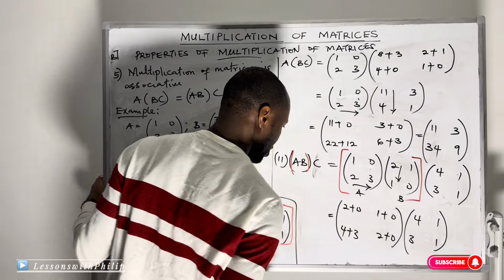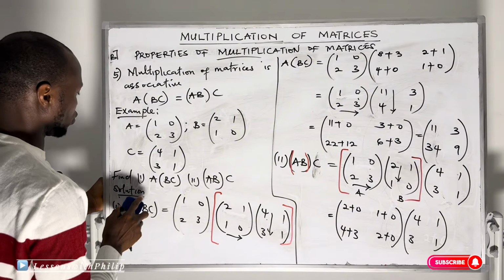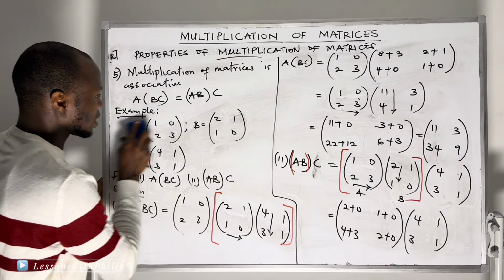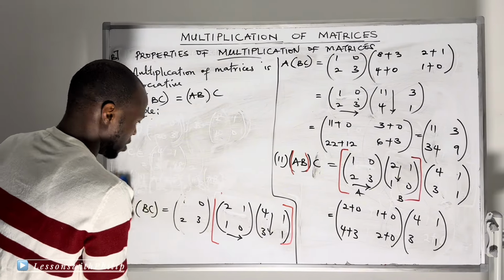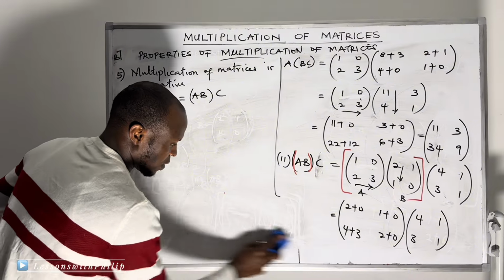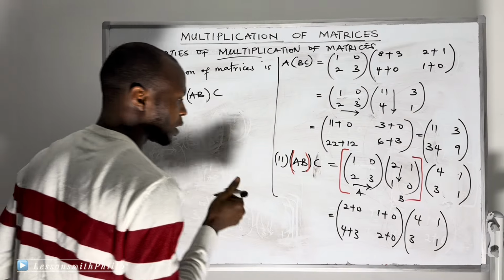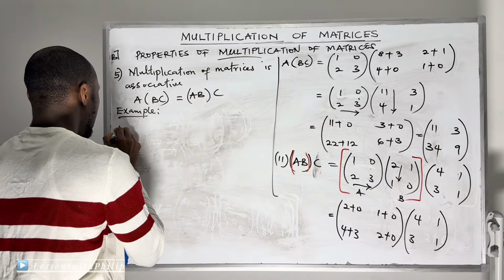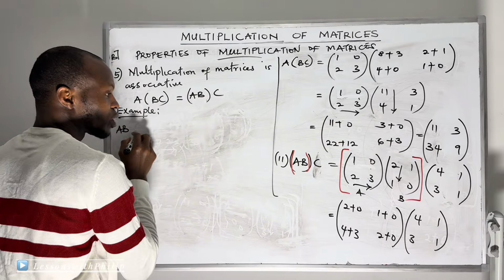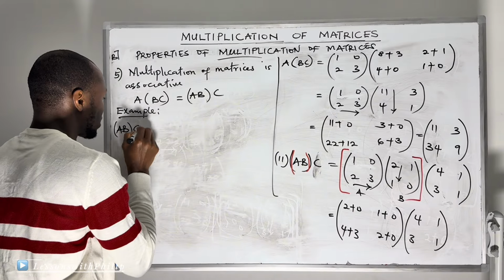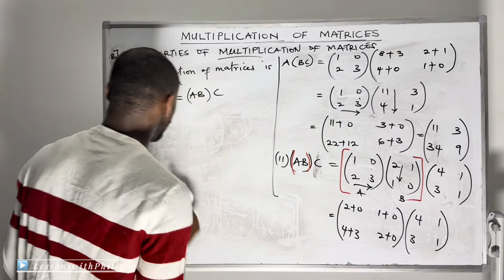Okay, now let me clean this place. All right, then my AB multiplied by C, matrix C, will now be equals, I want to do the addition.